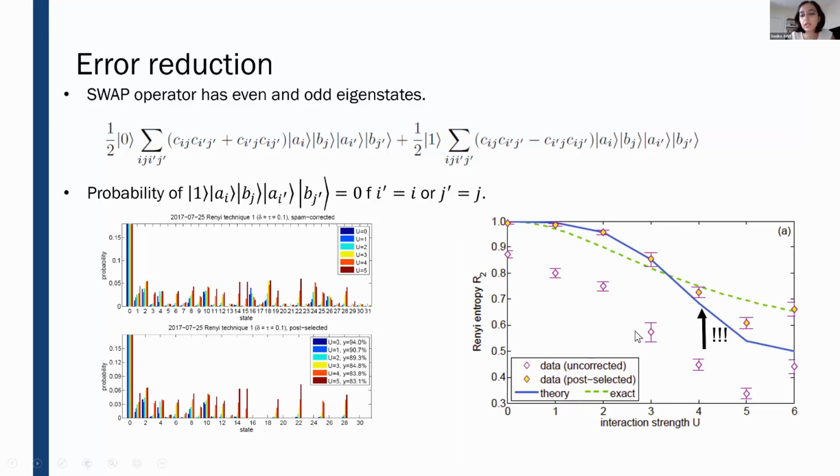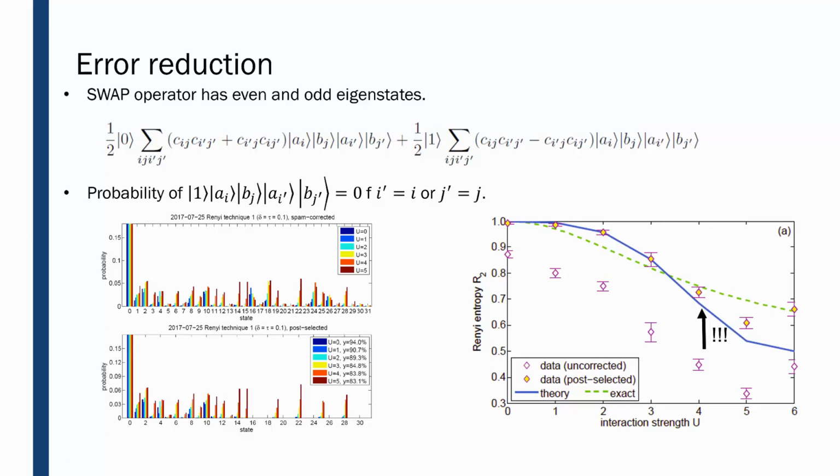Going from the uncorrected data, once you apply that filter, your corrected data again lies almost exactly on top of the theory curve. So again, this is another example of how you can design error mitigation techniques that will significantly reduce the error. Any questions? I know this was a bit confusing.